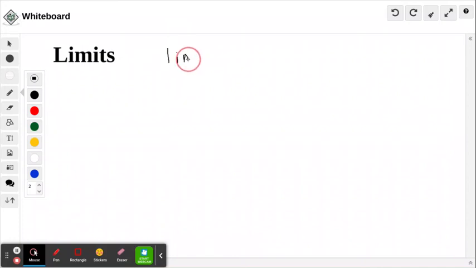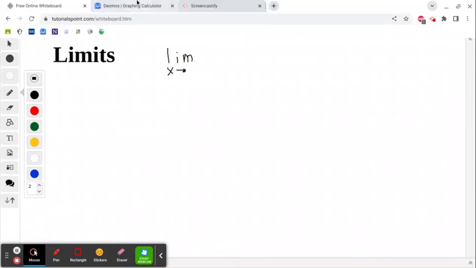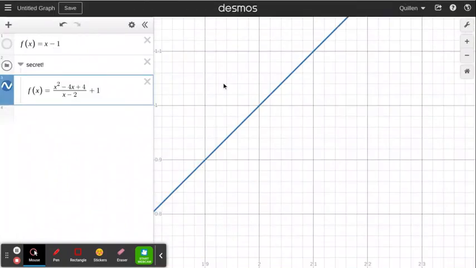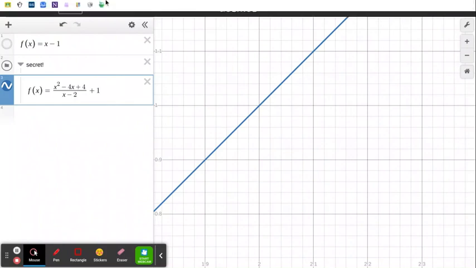So lim, and then under that notation lim, you write your independent variable, usually x. So let's call it x for now. As x approaches, and what number do we care about x getting infinitely close to? Well, we care about it getting infinitely close to 2 because that's where our hole is.